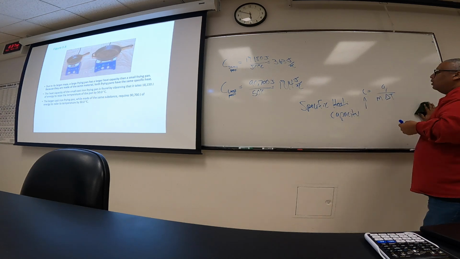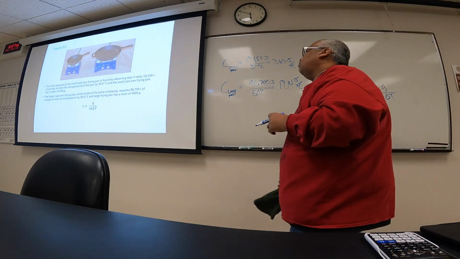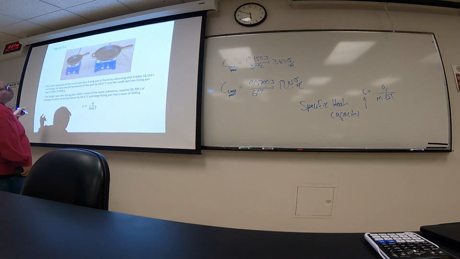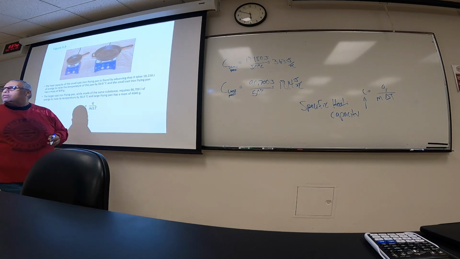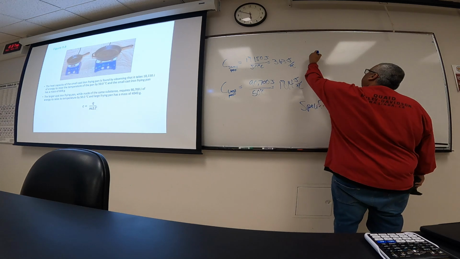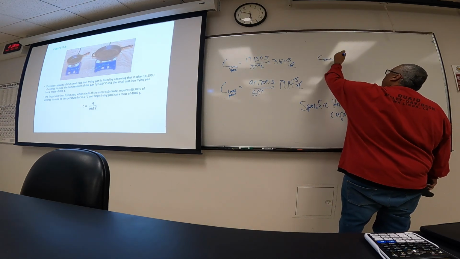Now let's take a look at specific heat. The heat capacity of the small pan is found by observing temperature, but this time we have a mass of that small pan. So if we include the mass, here's the specific heat of the small one.